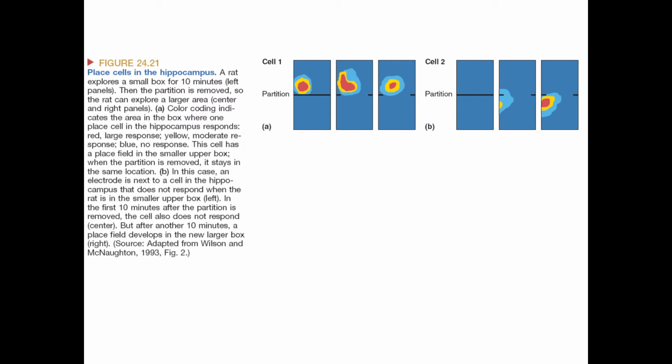And this figure is showing action potentials fired by what they call place cells. Very similar to what we studied before. I don't know if you remember, we were talking about receptive fields of neurons, some neurons that respond when stimuli are presented in one specific place on the screen.